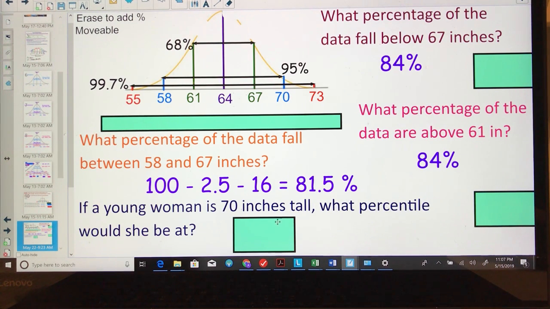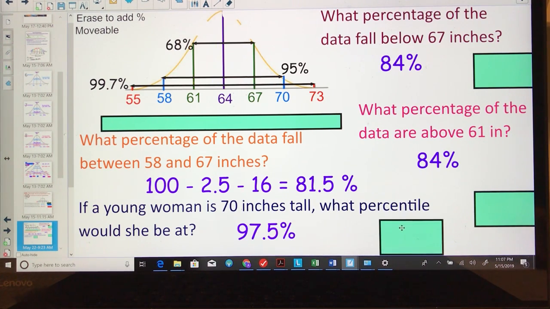If a young woman is 70 inches tall, what percentile would she be at? How many percent of the people are below her? That should be 97.5% of the people are below her, because there's only 2.5% of the people above her. Or you can count all the way to here. You can count up to your 50 plus your 34 plus your 13 and a half.